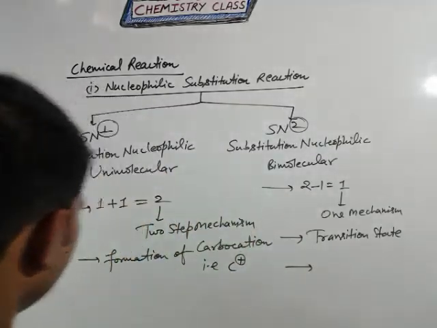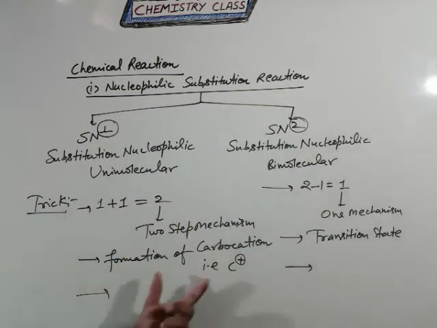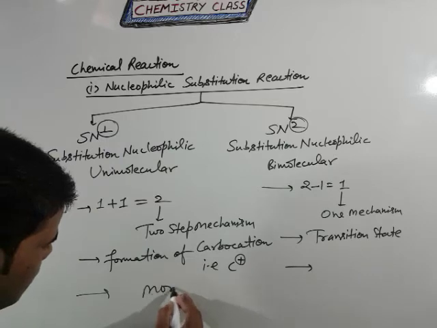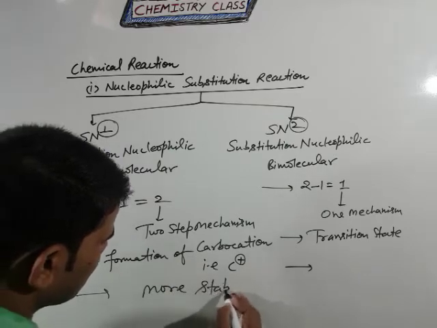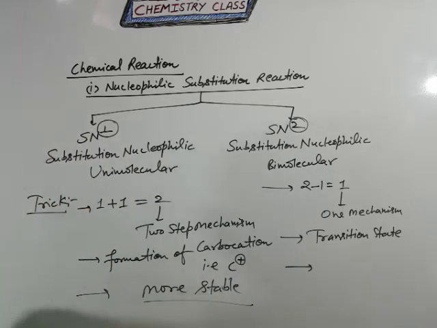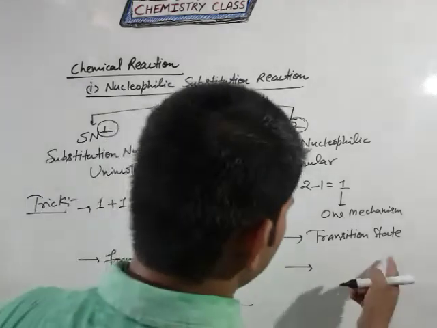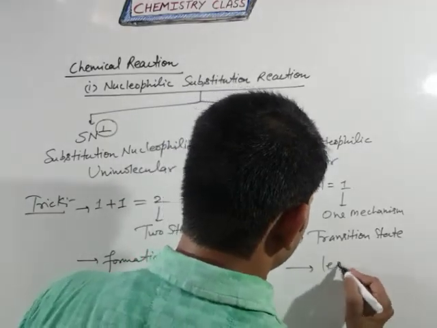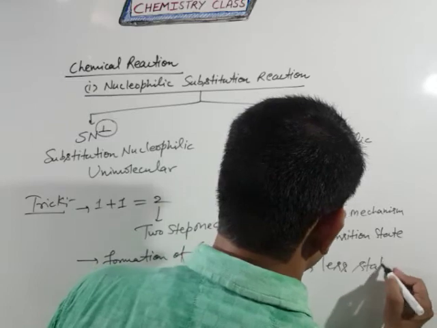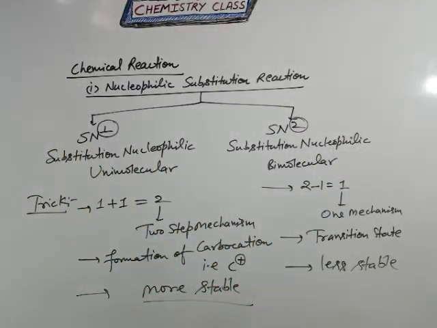According to stability, the carbocation is more stable, so the SN1 reaction follows a more stable intermediate, but the transition state is less stable. That means it gives product immediately.